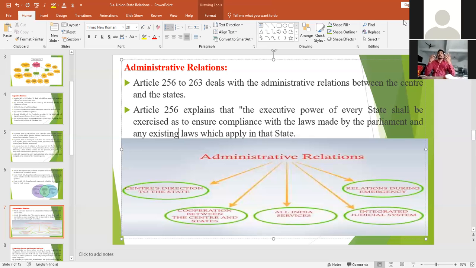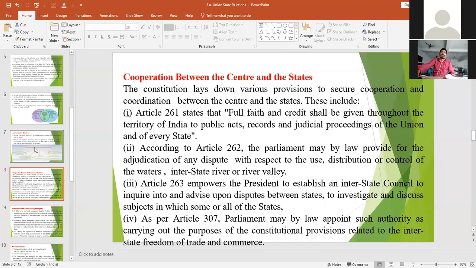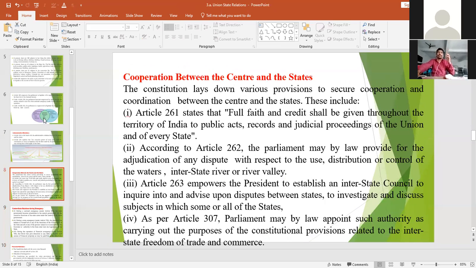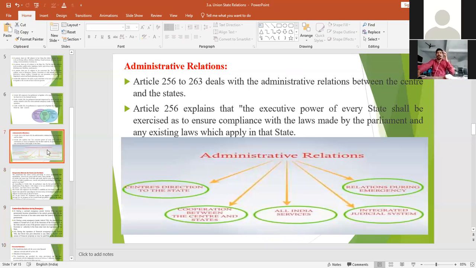Another important point in the administrative relations is Article 261, which explains the cooperation between the center and the states. The state and center must cooperate. Of course, in the present context, there are various kinds of internal disputes between the center and the state, because the central government is ruled by one party and sometimes the state governments are ruled by other parties.